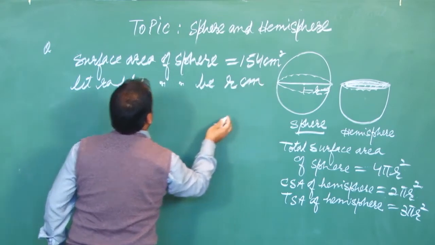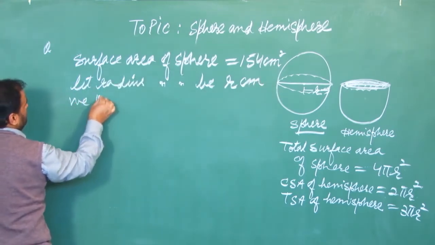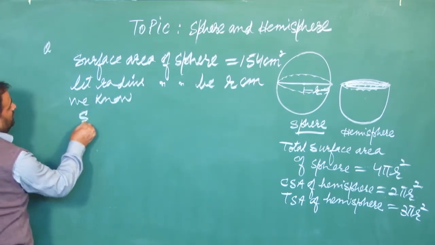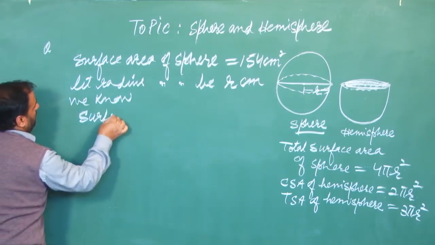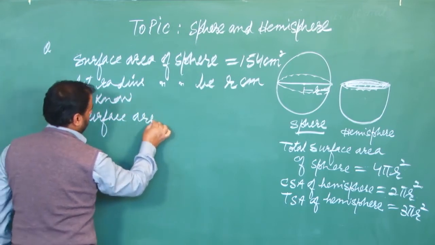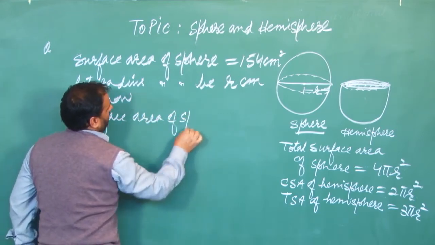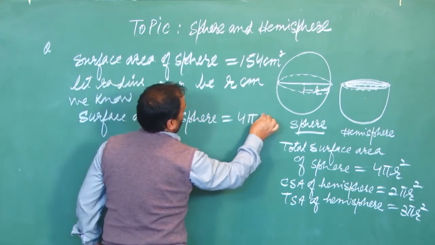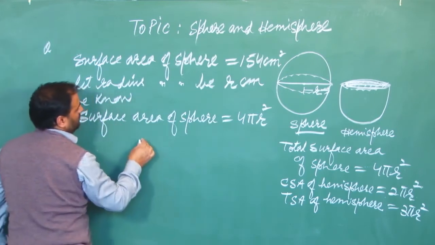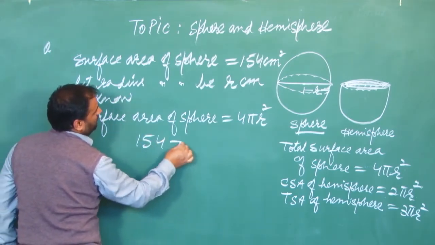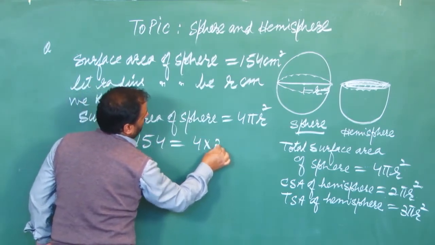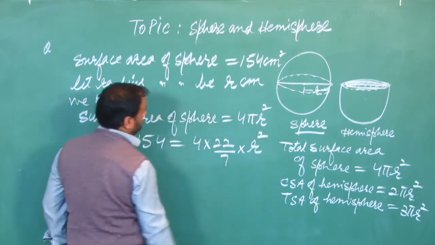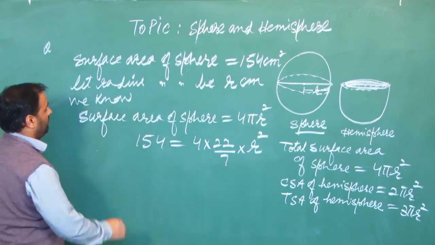Now, we know if we want to find the surface area of sphere, we use its formula. Surface area of sphere is equal to 4 pi r square. Surface area is 154, 4 pi is 22 by 7 and r square as it is, because we have to find out the value of r.